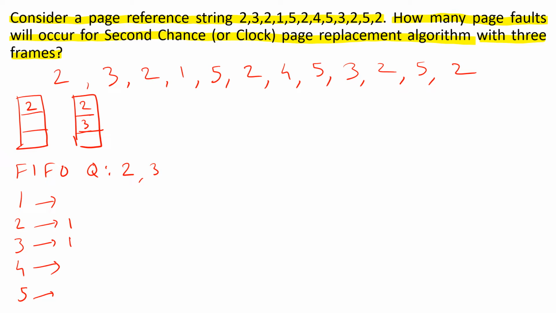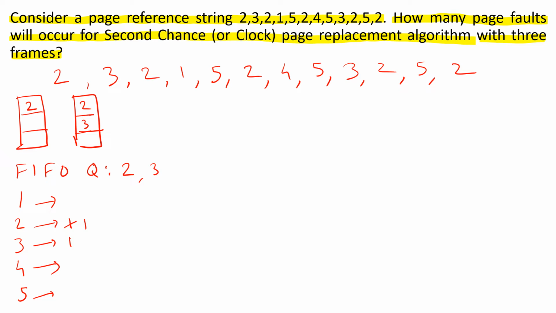Then we again need page number 2. Page number 2 is already there, right? So we can simply use that page, and since we have used that page again, the reference bit is set to 1. I know the reference bit was already 1, but we still make it 1 just to make sure that we don't forget, right?